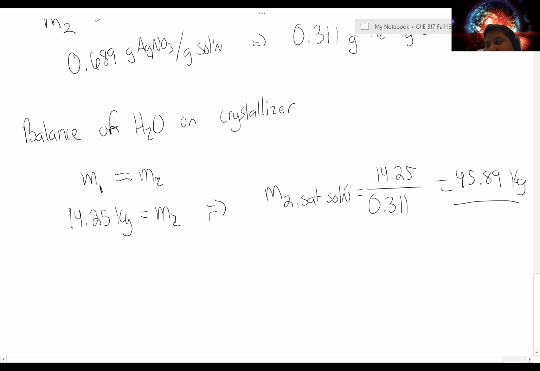So that's the total mass of the saturated solution.